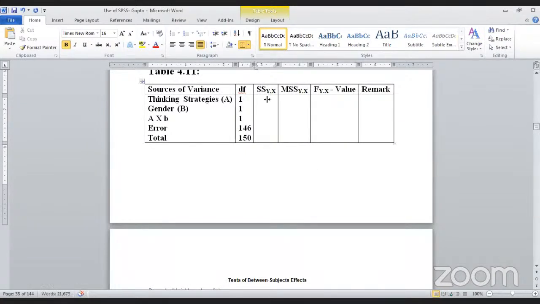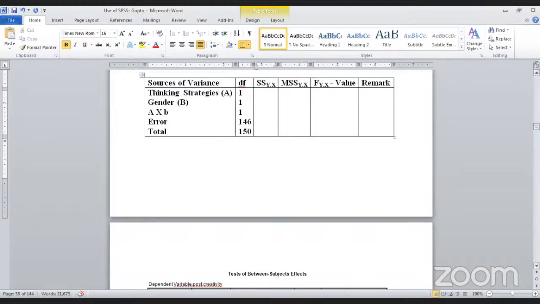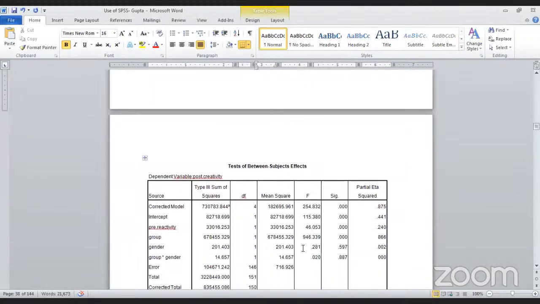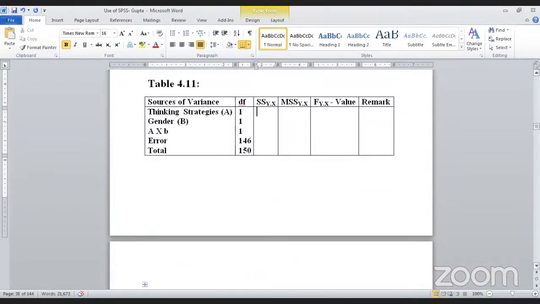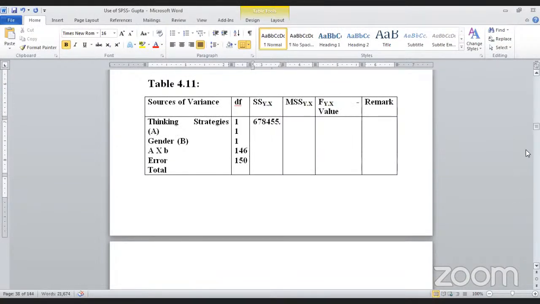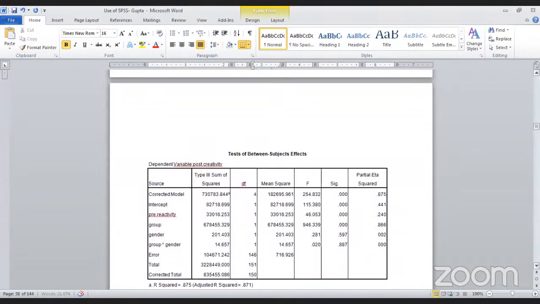The sum of squares for treatment, and this is group, 678455.329. So I can say 678455.33.